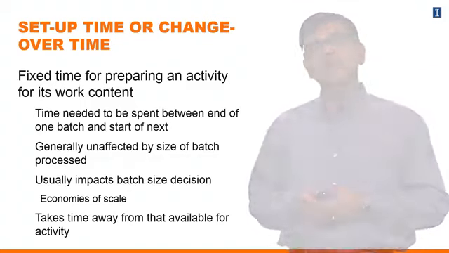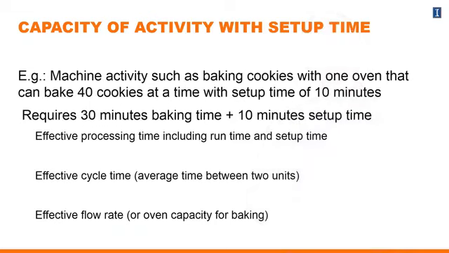So now let's take this concept and apply it to that same example that we had earlier of baking cookies. So we have a machine activity of baking cookies, but now we said in addition to the 30-minute baking time, we're also going to have a 10-minute setup time. So effective processing time is going to be 30 plus 10, and we're going to say that 40 minutes for the batch.